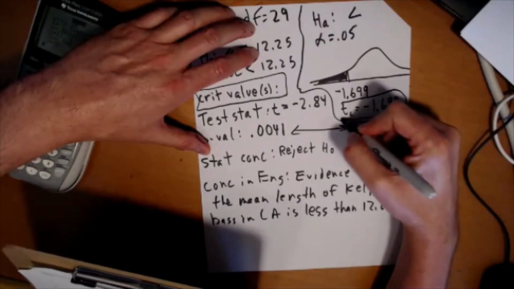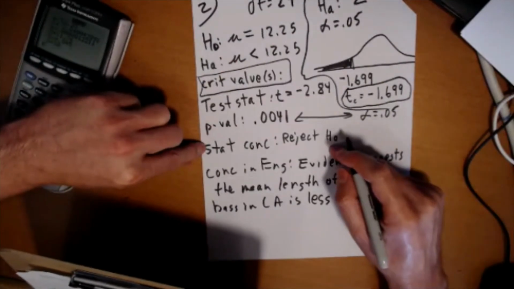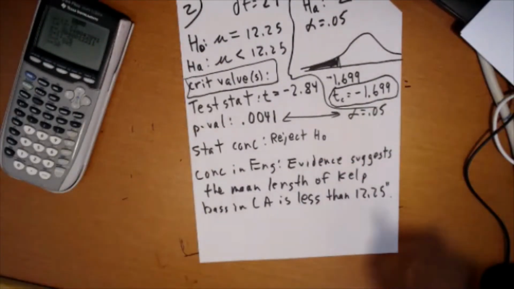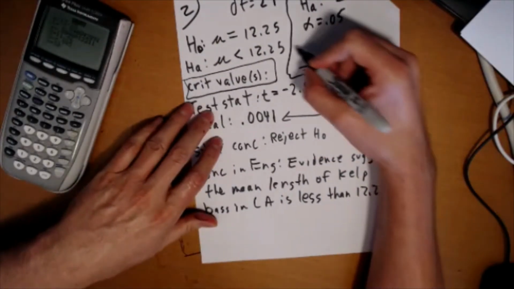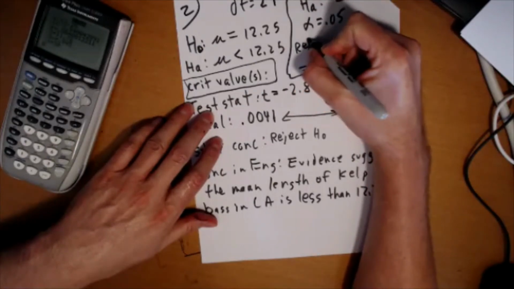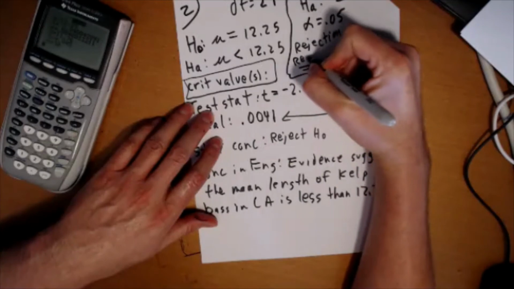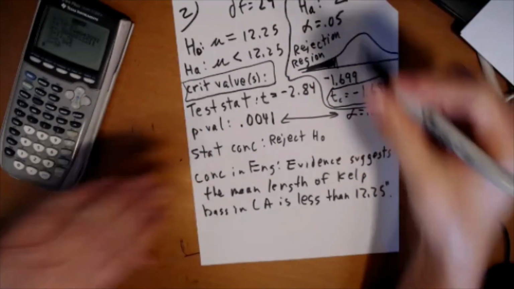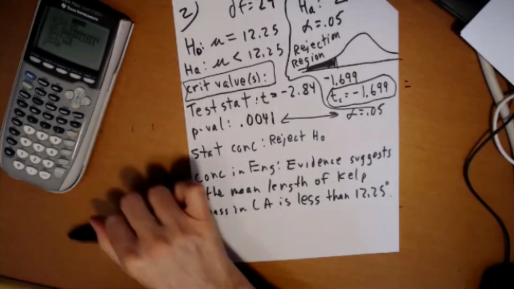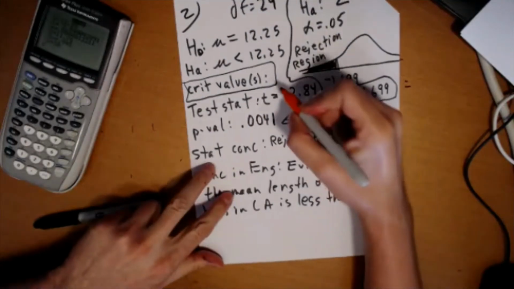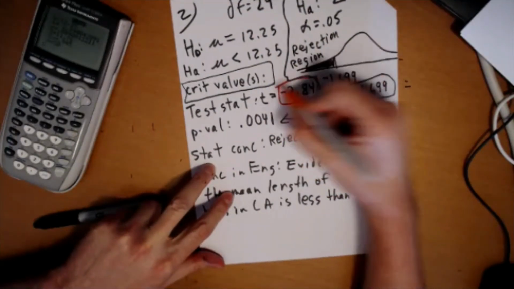Okay. Now let's see if it agrees with our statistical conclusion. Remember, this shaded region is called our rejection region. And we are trying to figure out where this test stat would land.